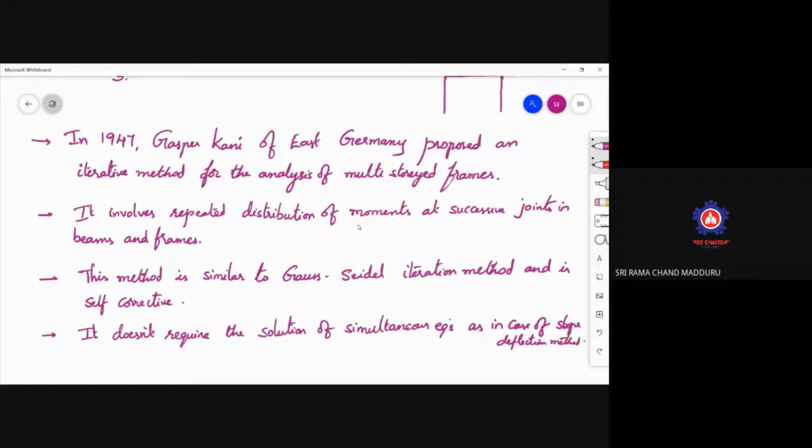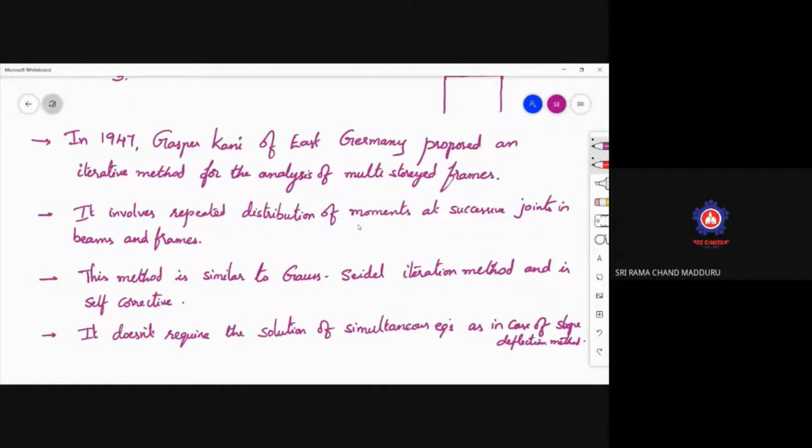In the slope deflection method, we take the joint conditions. At the joint conditions, you will get a number of equations regarding the unknowns. By solving these equations, you will get the unknown displacements. The unknown displacements are substituted in the slope deflection equations to get the final end moments.